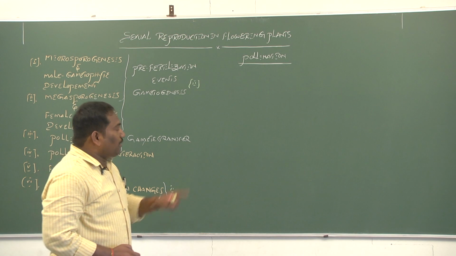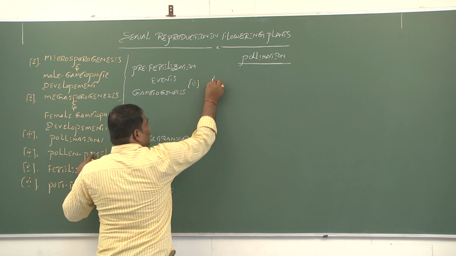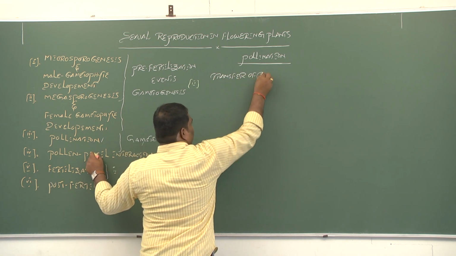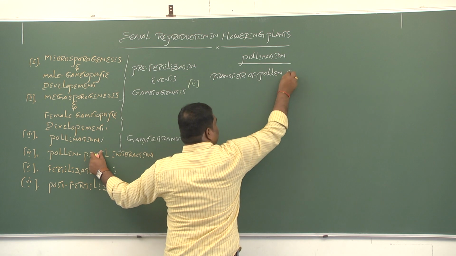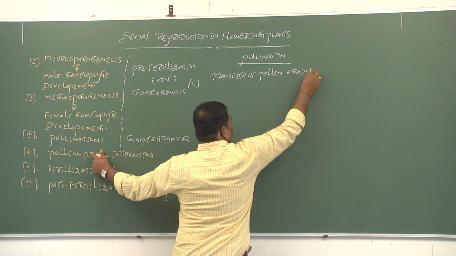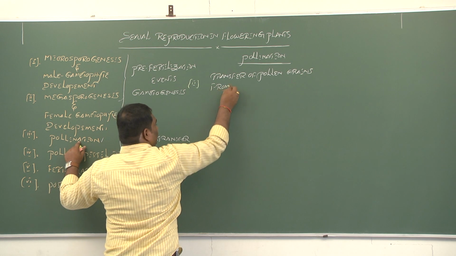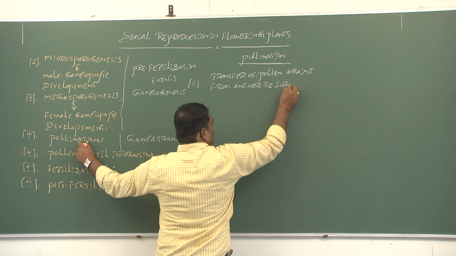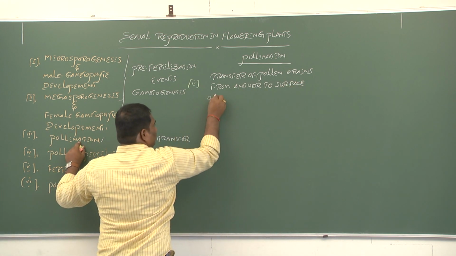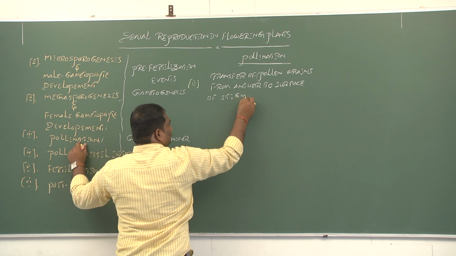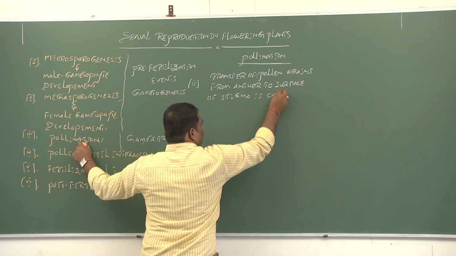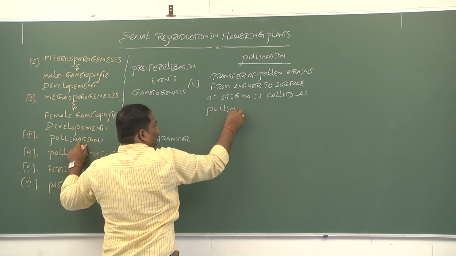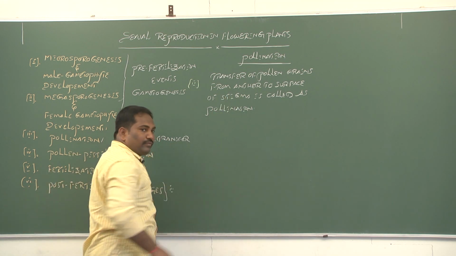Generally, pollination means the transfer of pollen grains from anther to the surface of stigma is called pollination.